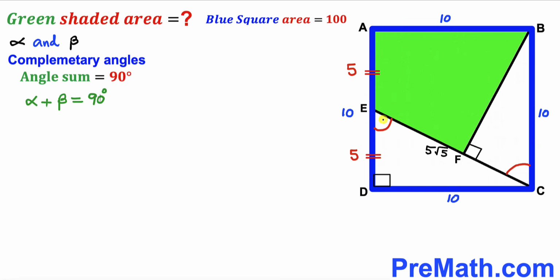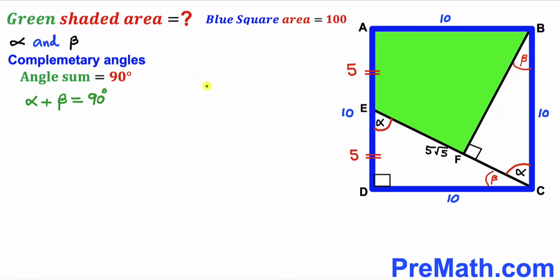If I label this angle alpha, then this angle has got to be alpha as well. We know this angle is a 90 degree angle, and likewise this is a 90 degree angle as well. So this angle has got to be our angle beta, and likewise this angle is going to be angle beta as well.